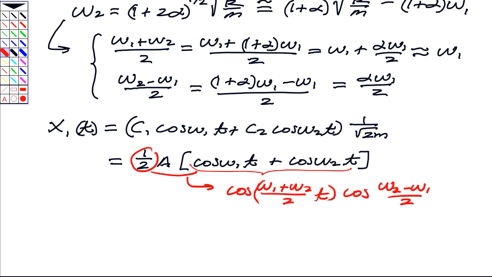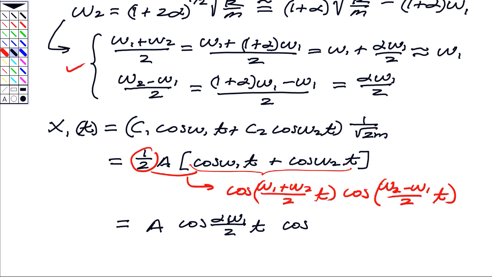So this is really why above I wanted to find out what the value was for omega 1 plus omega 2 over 2, and the difference right here. So what this says is that for that trig identity, what we end up with is A times cosine of alpha omega 1 over 2 t and cosine of omega 1 t. Why is this important? Well, this, we see, is low frequency.